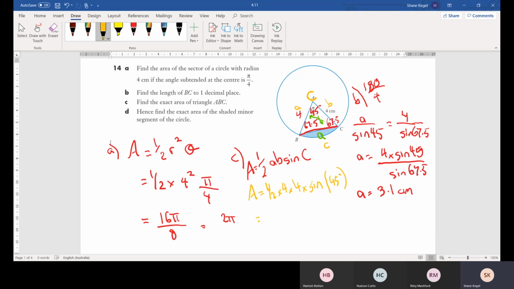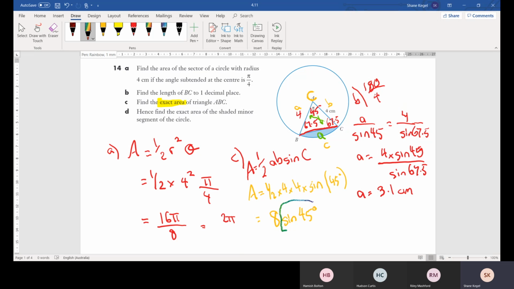Okay, so I didn't realize, but we're asked to find exact area. So that's going to produce a decimal. So what I need to do is I need to figure out these numbers first. So a half times 4 times 4 would be 8. So 8 sine 45 degrees. And what I need to do now is I need to refer to my exact values using my exact triangles.